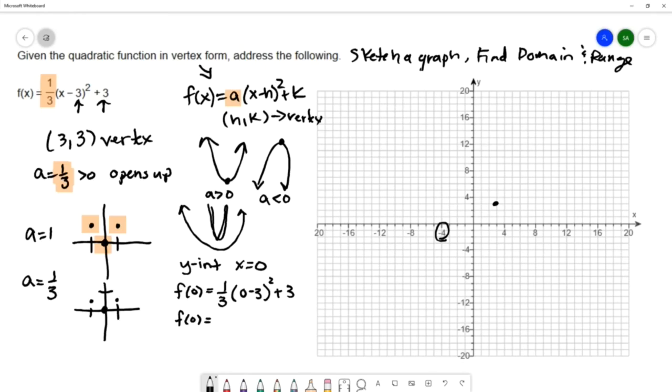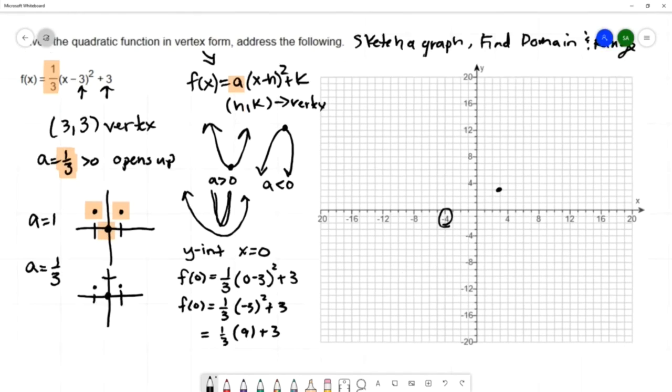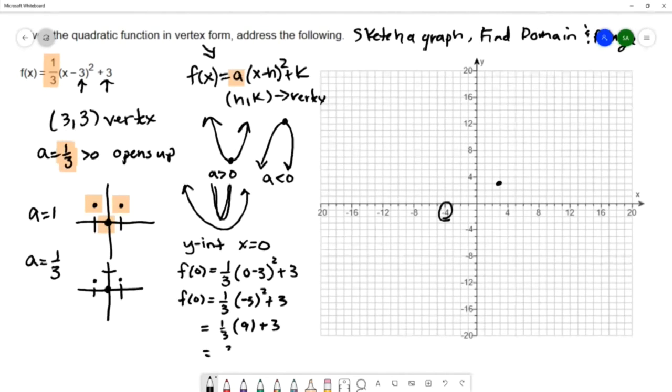So we'll follow order of operations inside of the parentheses. 0 minus 3 is -3. -3 squared is 9. 1/3 of 9 is 3. And 3 plus 3 is 6. So this gives you a second ordered pair on the graph, (0, 6). And because those are both integers, MyMathLab will accept that second click. And you can see how wide the parabola is from there.